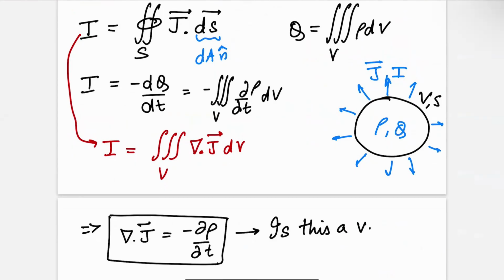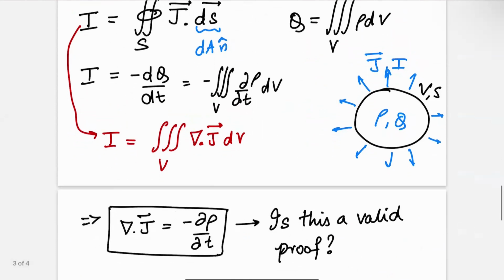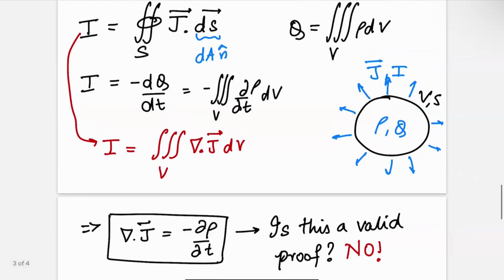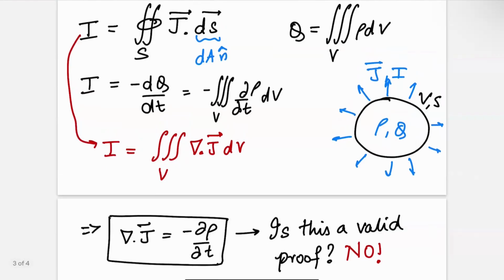Is this a valid proof of conservation of charge? The answer to that is actually no, it's not. There is a step here that is not exactly rigorous. So I've used a bit of a sleight of hand in this derivation.